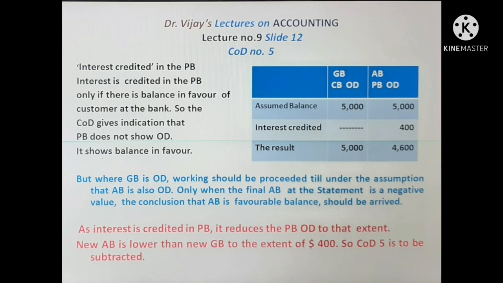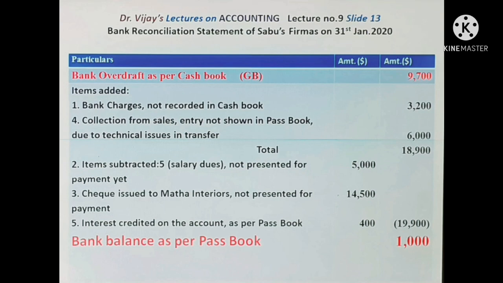We are proceeding with that assumption till the end. Whether passbook shows favorable balance, we can come to know only when we prepare the reconciliation statement. Okay. We have applied the model for all the CODs and decided which ones are to be added and which ones to be subtracted in the bank reconciliation statement.